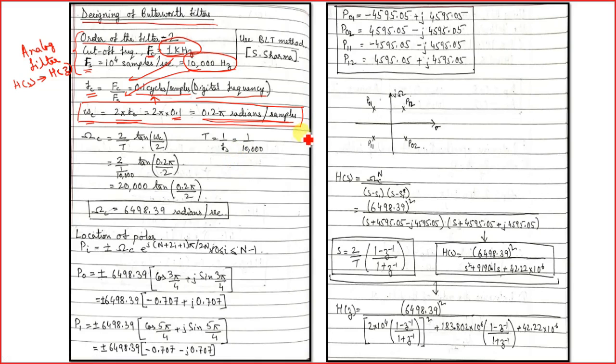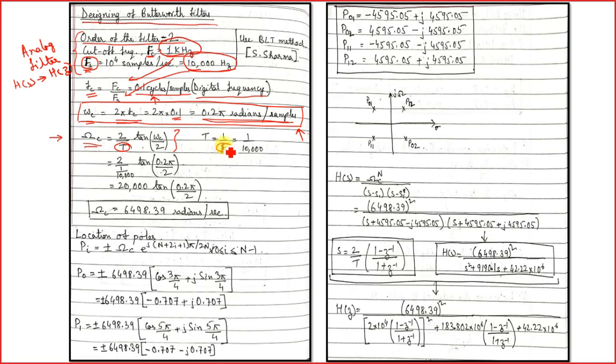Now using this equation, we need to calculate the analog cutoff frequency, which is given by omega c equals 2 by T tan of omega c by 2. In this case, we need to calculate the capital T because our Fs is given.